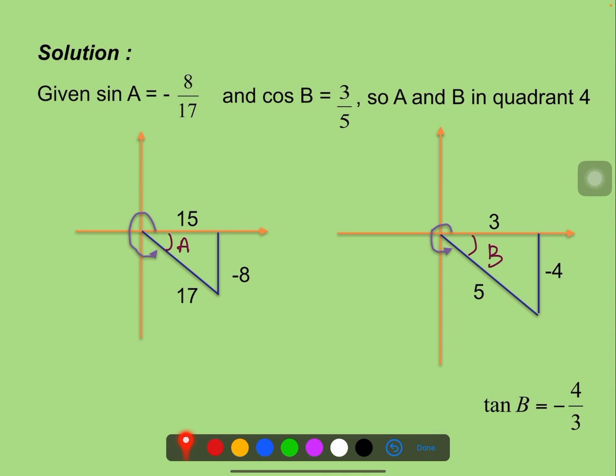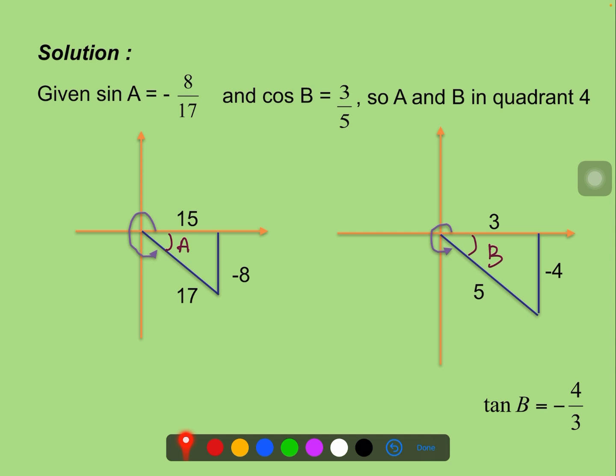Solution. Given sine A is minus 8 over 17 and cos B is 3 over 5. So if sine is negative and cos is positive, A and B must be in the fourth quadrant.